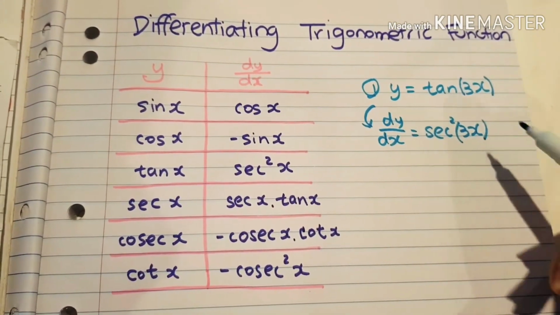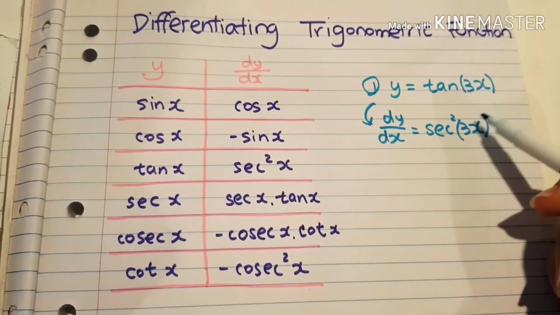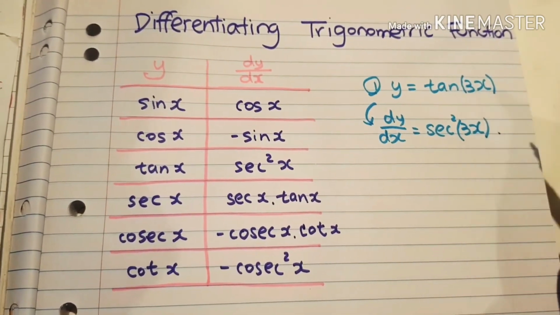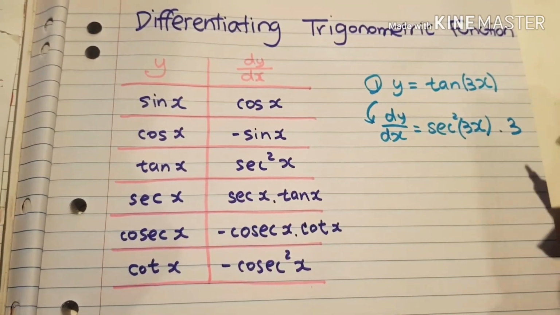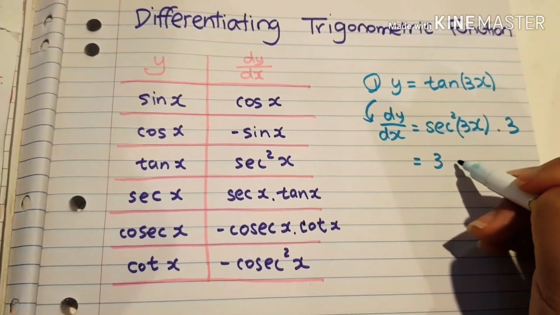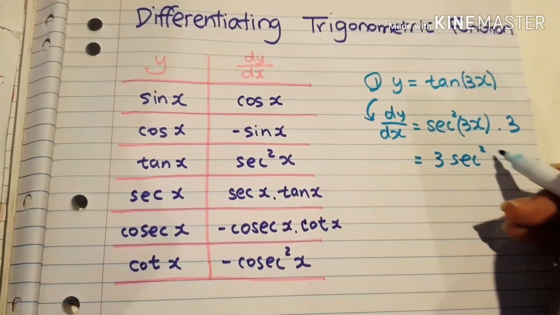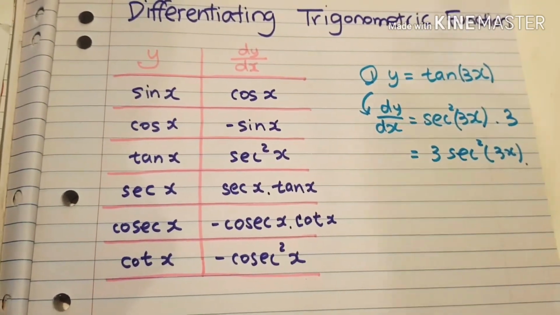Then, using the chain rule, what do we have to do? We need to differentiate what's inside and multiply outside, which is 3, right? Okay, so what's my final answer? I'm just going to combine them together. 3 sec squared 3x. And this will be my final answer.